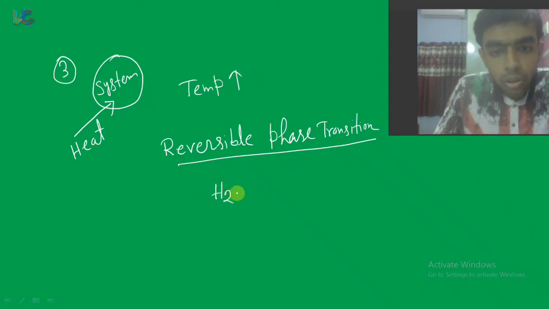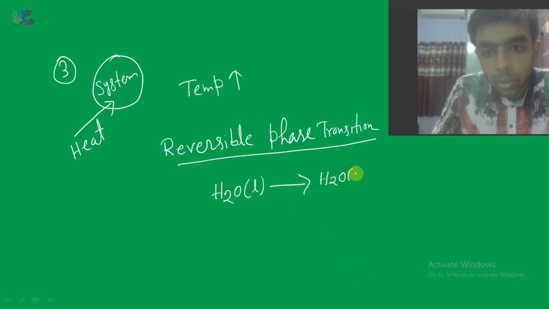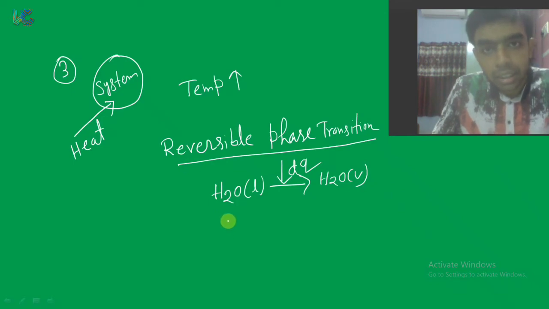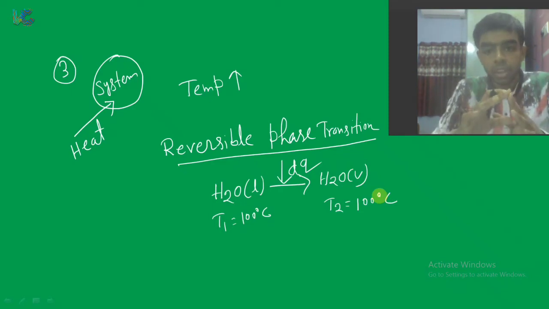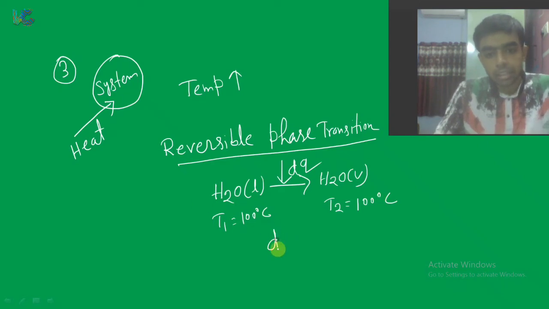Suppose H2O in liquid goes into H2O in vapor phase. For that you need dq amount of heat. But in reversible phase transition, the temperature and the pressure remain constant. The temperature in this case initially is 100 degree centigrade, and after going to vapor phase, T2 is also 100 degree centigrade. That means temperature is the same in liquid and in vapor, so the change in temperature is 0.